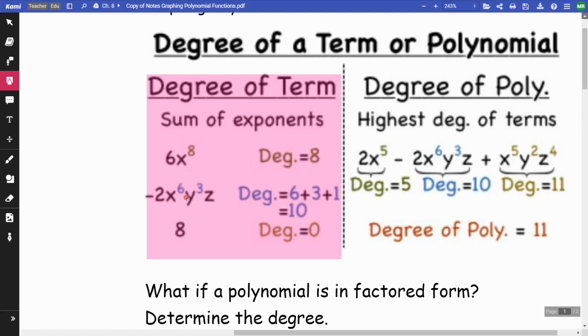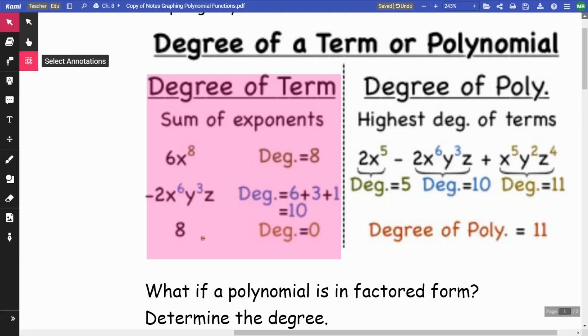You have an x to the 6th, you have a y to the 3rd, and you have a z really to the power 1. So you're going to take your 6 plus 3 plus 1, and you get 10. This one here is a number, it's also a polynomial and a monomial. This is degree 0. Now you can really kind of think about this as being really x to the power 0. And that's where that degree 0 is kind of coming from.